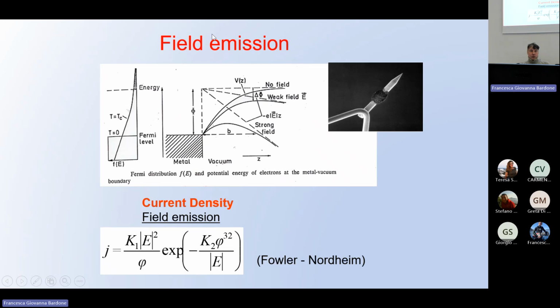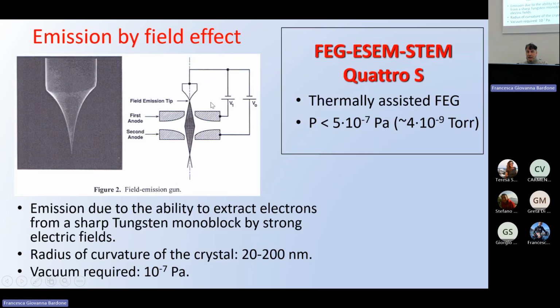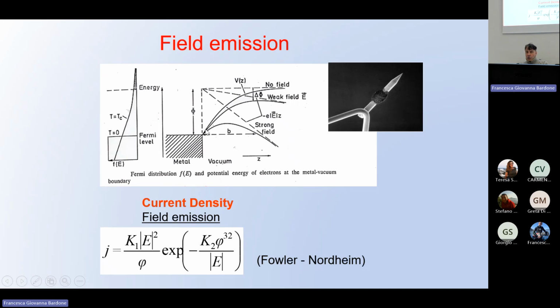To produce field emission electrons, you use a physical trick. If you apply a strong electric field, you change the shape of the barrier. Instead of an infinite barrier, like in the solids, you see the shape of the barrier as a function of the field.